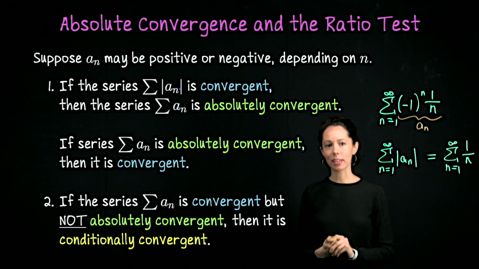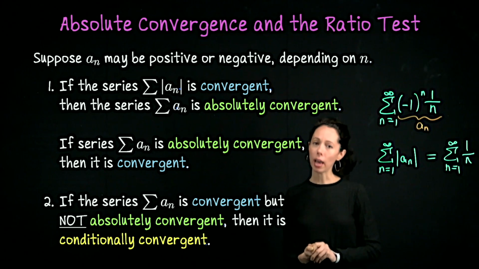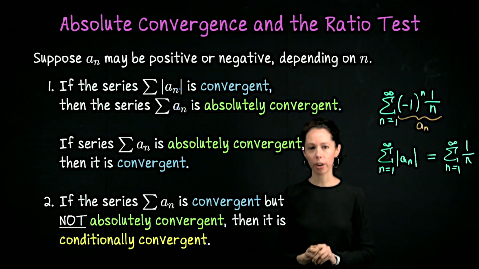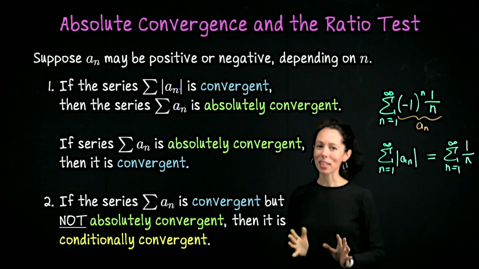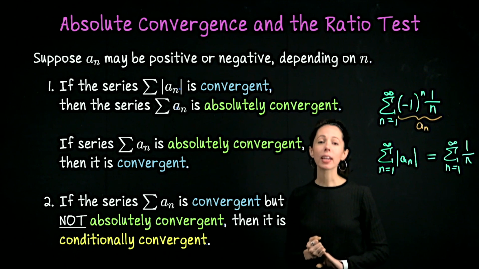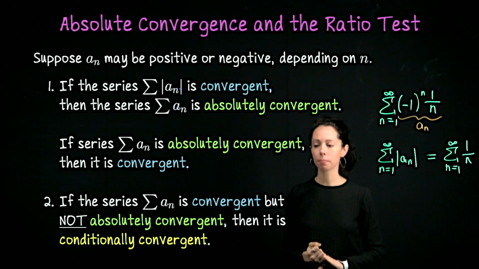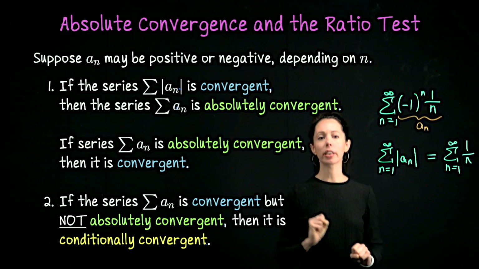So if you're absolutely convergent, you're still just regular plain old convergent. On the other hand, if your series is convergent, but when you take all of the terms and you make them all non-negative by doing the absolute value, that's not still convergent, so it's not absolutely convergent, then that is just conditional convergence. So if a series is convergent but not absolutely convergent, it's conditionally convergent.